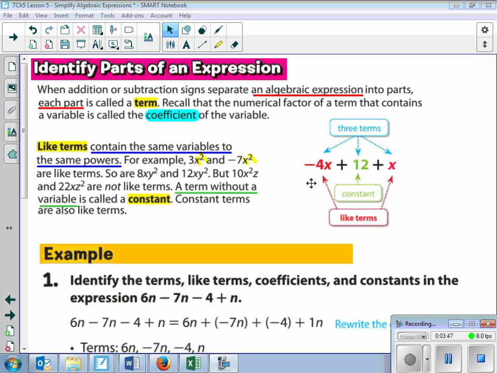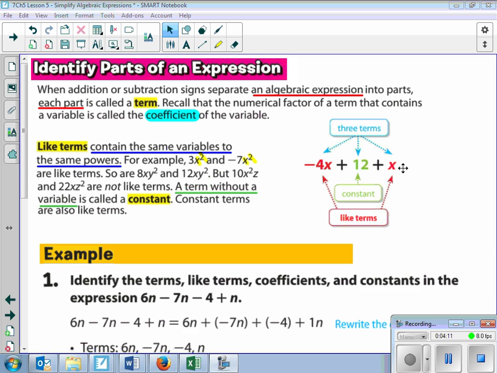So I would like you to draw this diagram and then label the parts. Again, a term is each part of an algebraic expression. So negative 4x is a term, 12 is a term, and x is a term. The terms are separated by an addition sign or a subtraction sign.